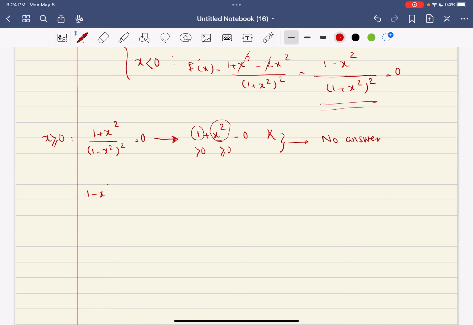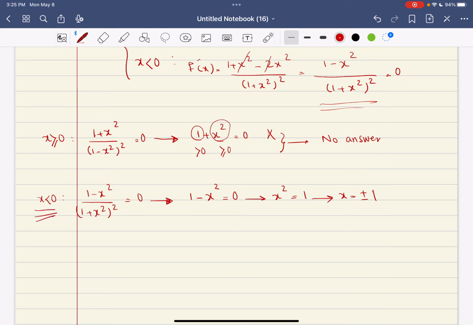1 minus x to the power of 2 over 1 plus x to the power of 2 to the power of 2, for x less than 0, equals 0. So to be able to find the answer, 1 minus x to the power of 2 should be equal to 0. It means that x to the power of 2 is equal to 1, or x is positive or negative 1.